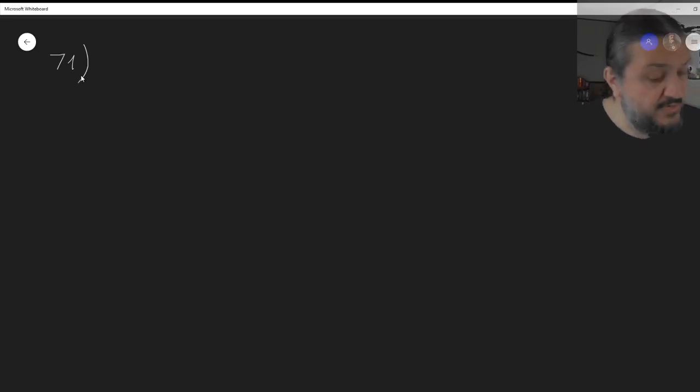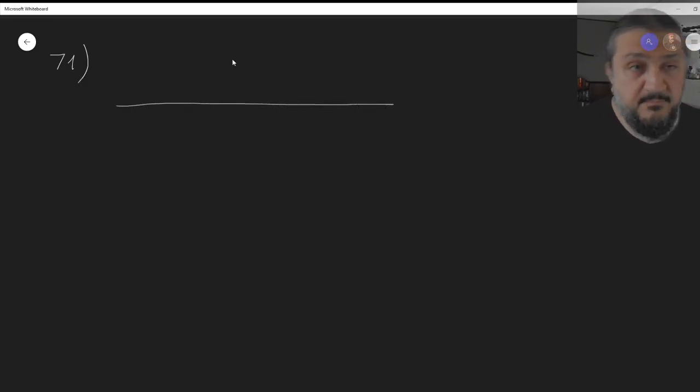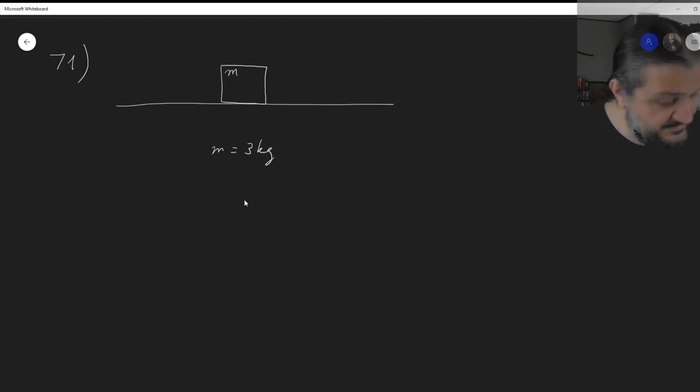A 3 kilogram block is at rest on a horizontal floor. M is 3 kilograms and at rest.